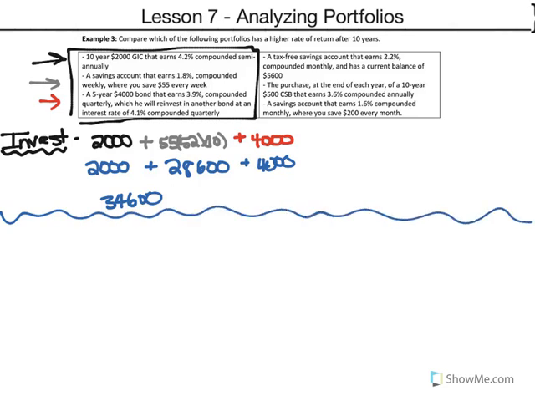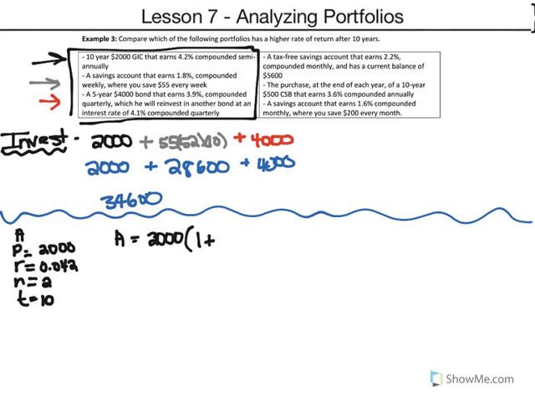First we'll do the first part, which was the black writing. We're taking $2,000 and investing it into a compound interest. So 2,000 at a rate of 4.2%, so 0.042, compounded semi-annually, so twice a year for 10 years. So we have A is equal to 2,000 bracket 1 plus 0.042 over 2 to the power of 2 times 10.